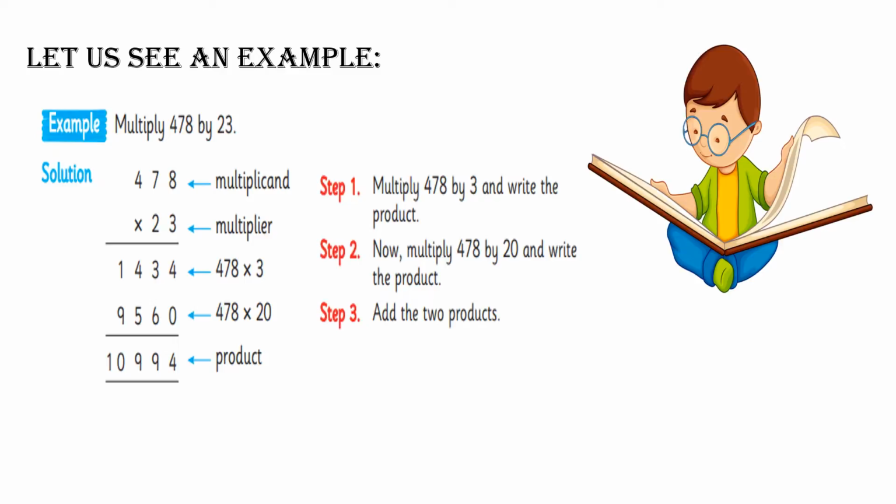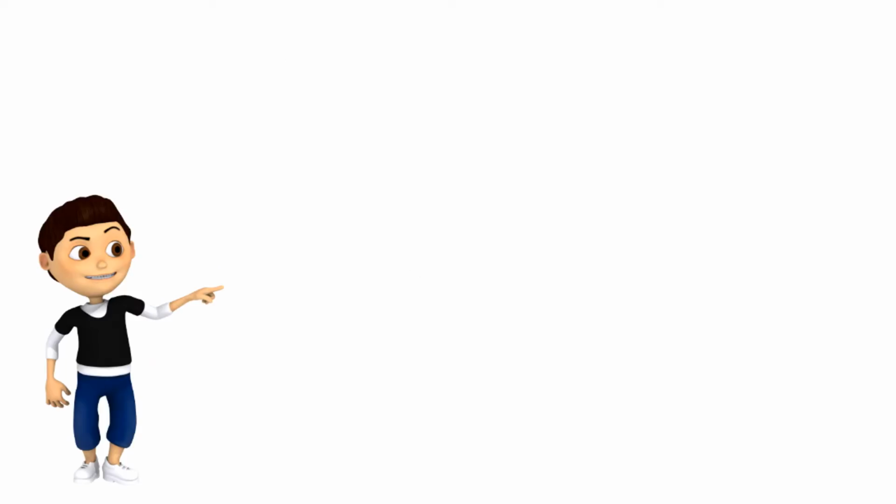Next is 478 into 2. But 2 is in which place? 2 is in tens place. So 2 times 10 is 20. So 478 into 20 gives me 9560. And when I add, I get the product as 10,994. Let's see in detail.